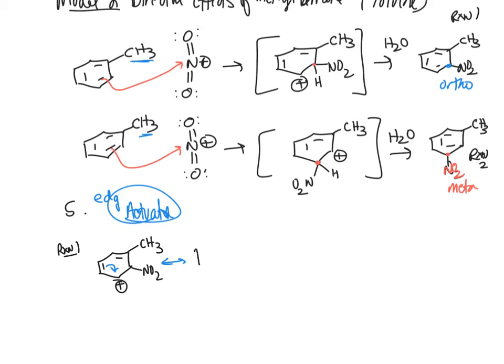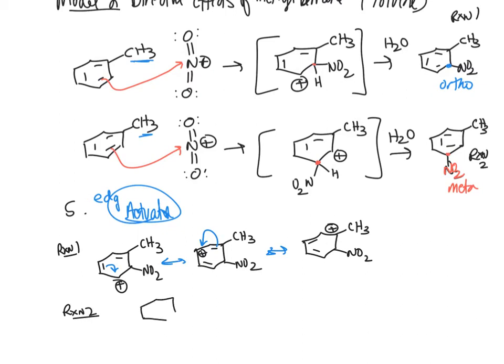And the electrons always go to the cation. So this is your sigma complex. And then we redraw this. Now we have the positive here. And then we redraw. And we have this. Okay, and then reaction 2. We're drawing the resonance structures for reaction 2 if we had a sigma complex.